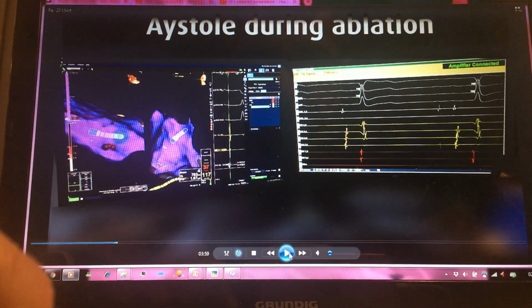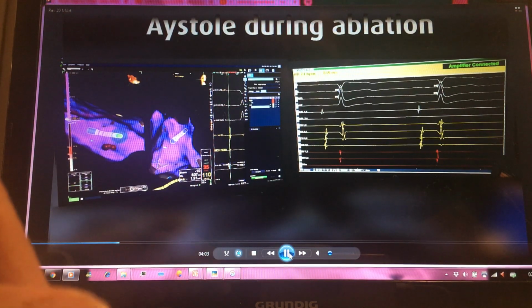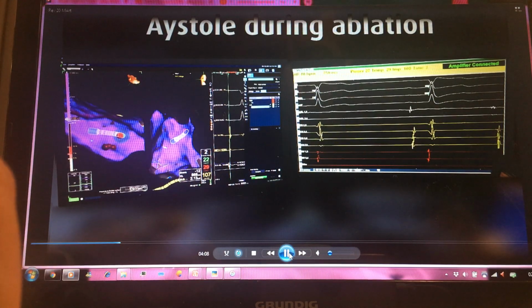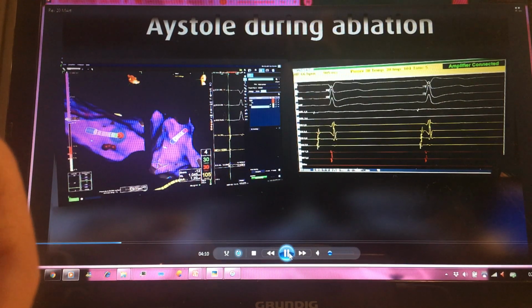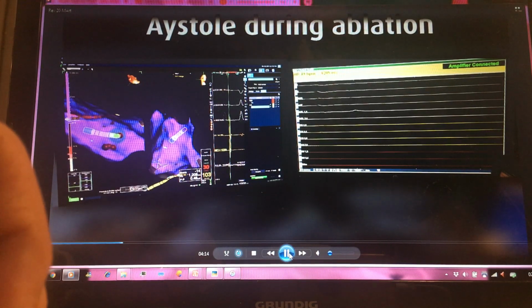Now we are at the left superior GP. We're performing ablation. Yes, a sinus bradycardia and then asystole.